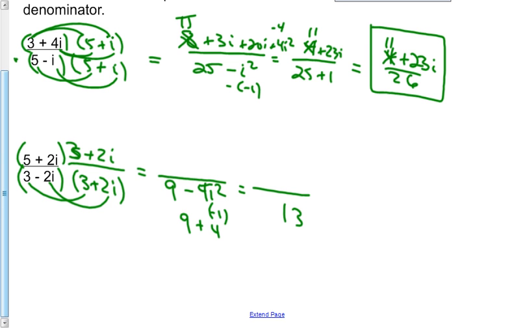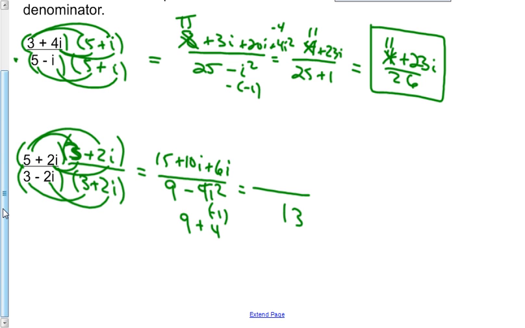And then on the top, let's see if I can get this one right now. 5 times 3, there's 15 again, instead of 8 like I had up there. 5 times 2i, 10i. 2i times 5, oh, this is a 3, sorry, this is a 3. 2i times 3, 6i.